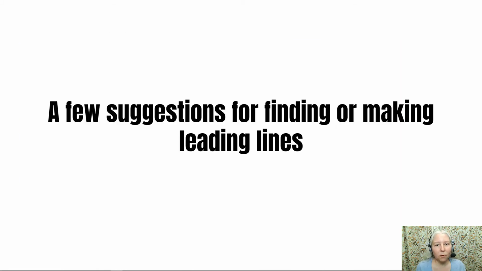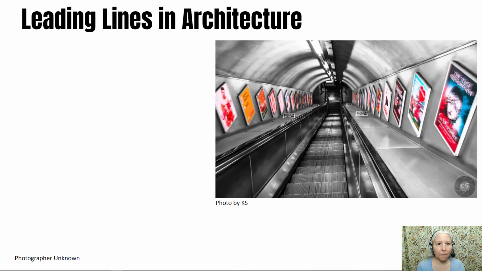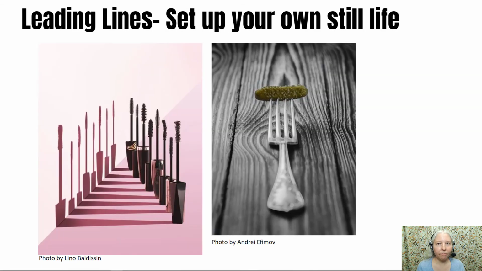A few suggestions for finding or making leading lines. You can find leading lines in landscape, as you can see in these two photos. You can find leading lines in architecture, as seen in these examples. You can set up your own still life.